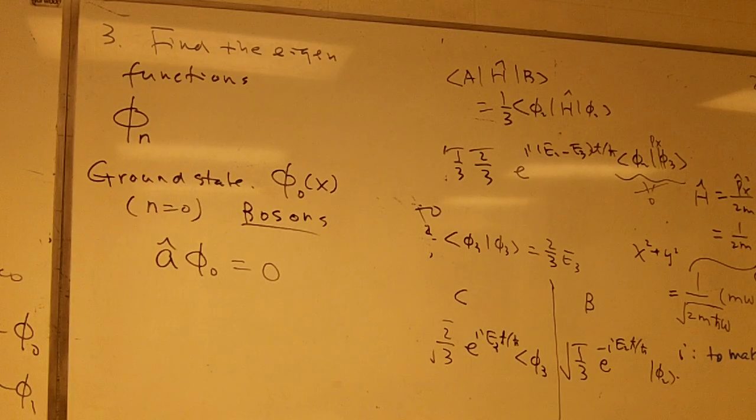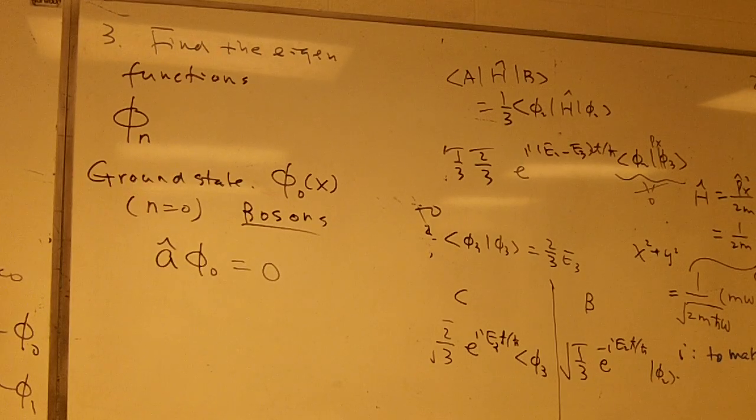It should be a-hat. Then this is going to be proportional to phi 1. So in other words, phi 2 is going to be proportional to phi 1, Alex. So that's what you'll get.